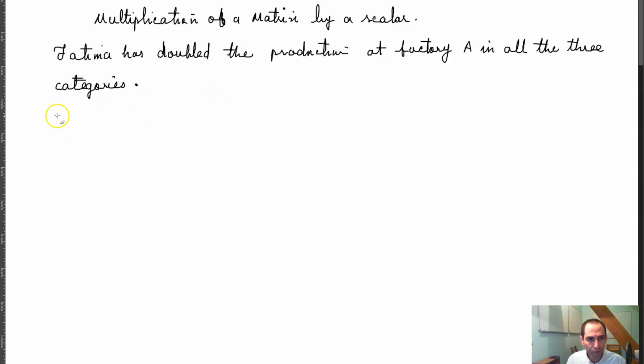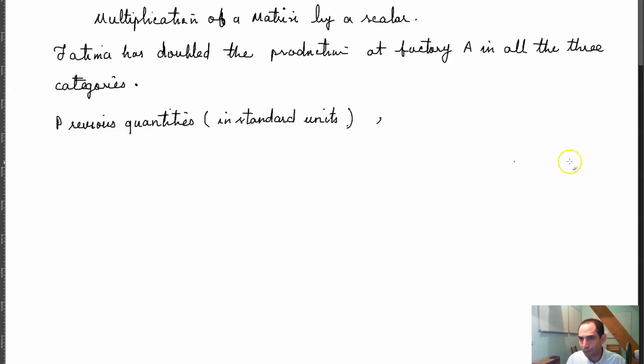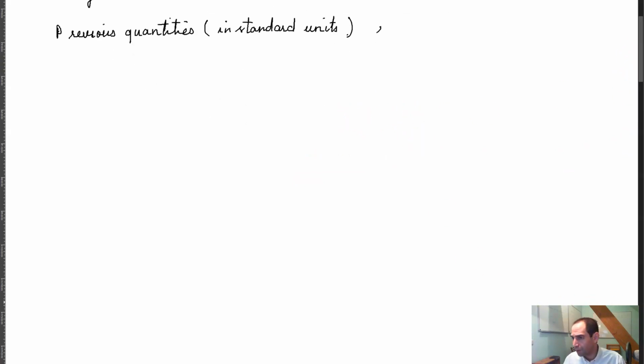So for example, the previous quantities were in standard units, where we had a matrix for factory A, and the matrix was 80, 60, 75, 65, 90, and 85.